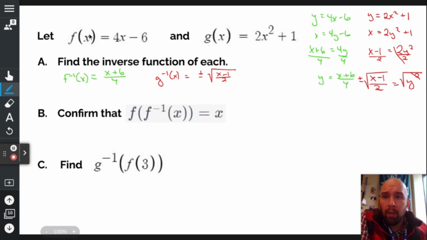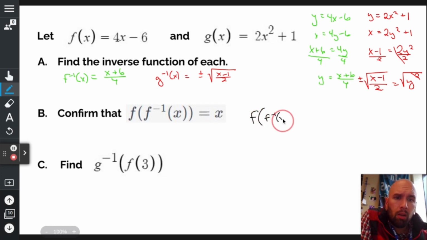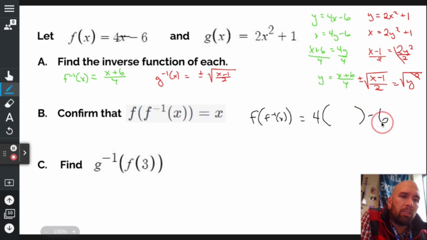Confirm that f inverse of f of x equals x. So basically what I have to do is do what they told me. f inverse means I'm going to start out with f. I'm going to write this out, but instead of x, I'm going to put a big parentheses, minus 6. And instead of x, I'm going to type in the inverse.